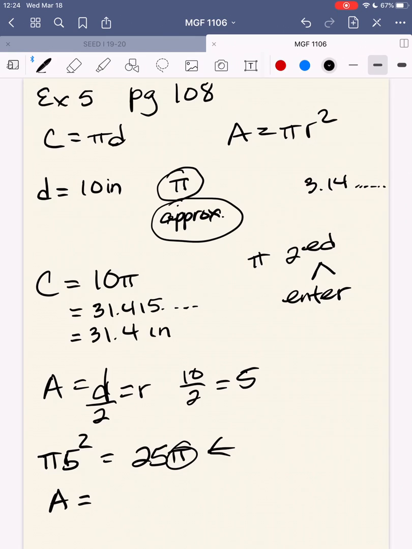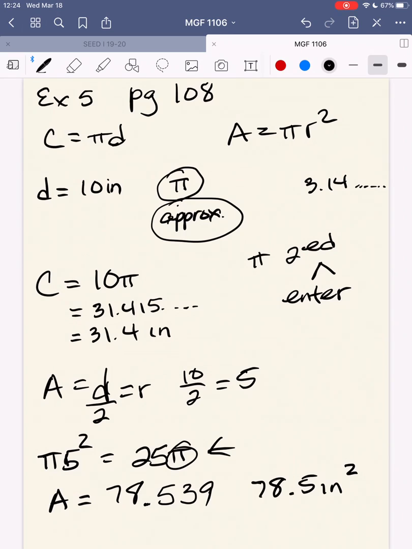And so when I go ahead and multiply it times pi, I get 78.53. I only need to round to the tenths place, but there's a 9 after that. And so I have 78.5, and this will be inches squared.